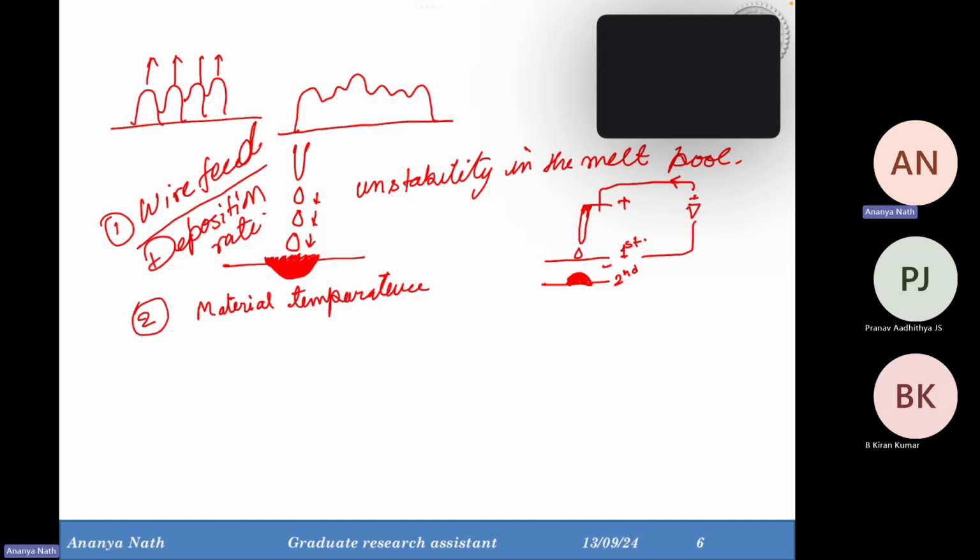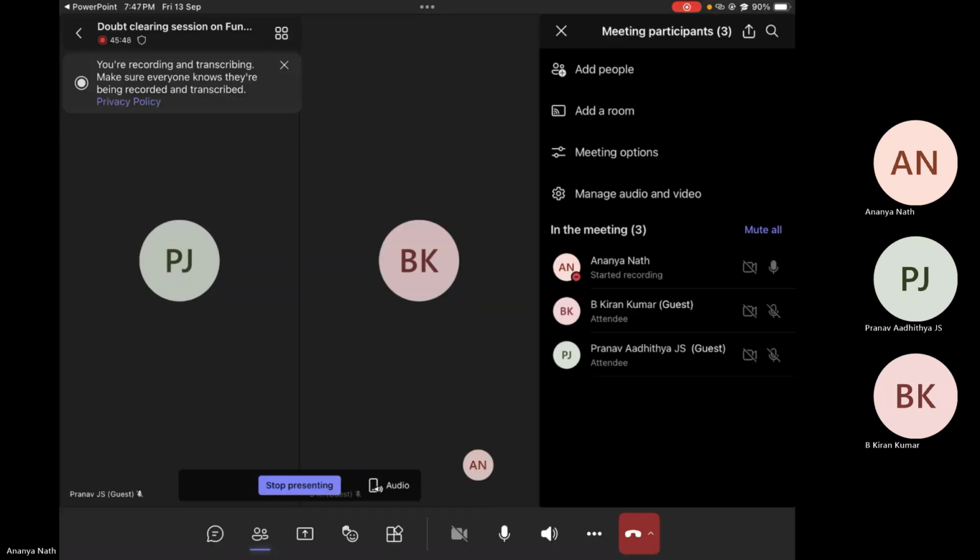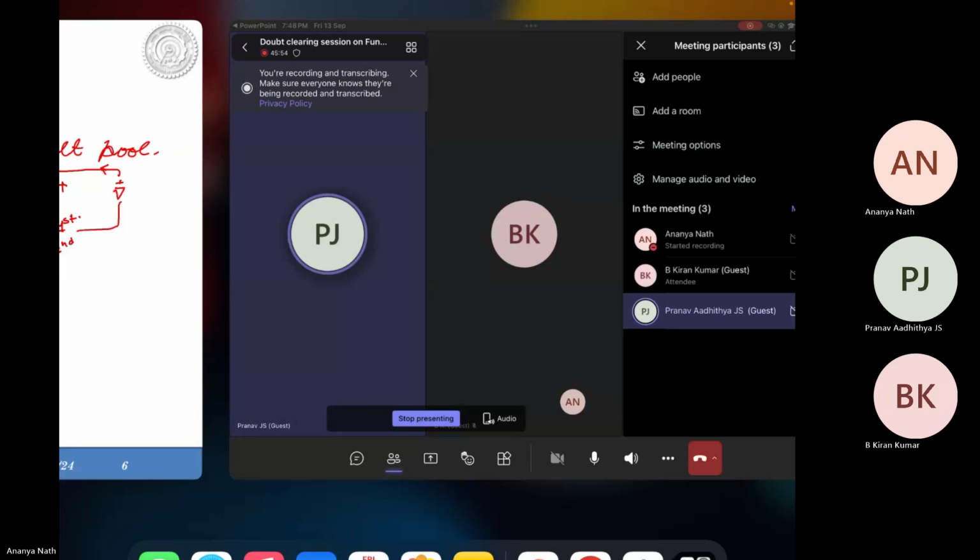The electrode is melting itself. So can I tell that the current which is passing through the electrode is one process parameter rather than the material temperature? Will you agree with me? Yes, ma'am. Okay.